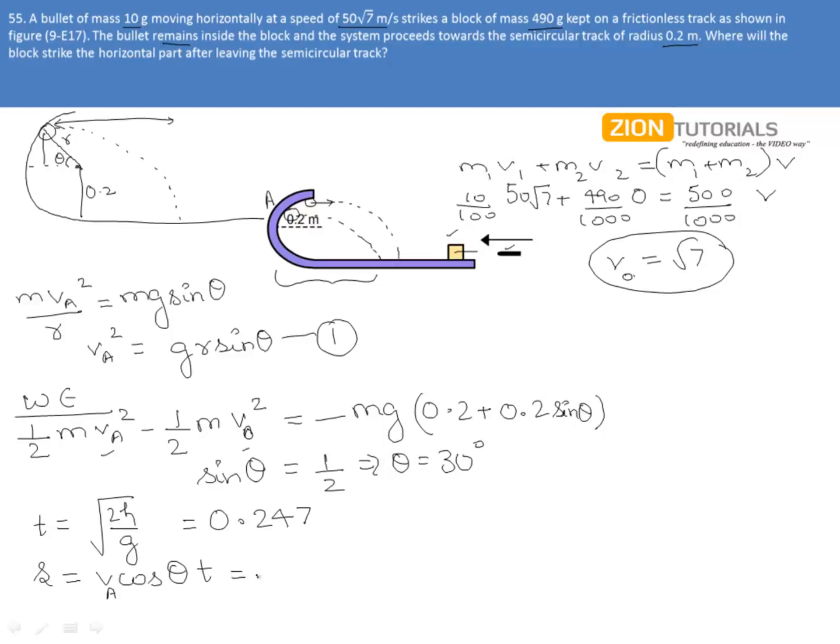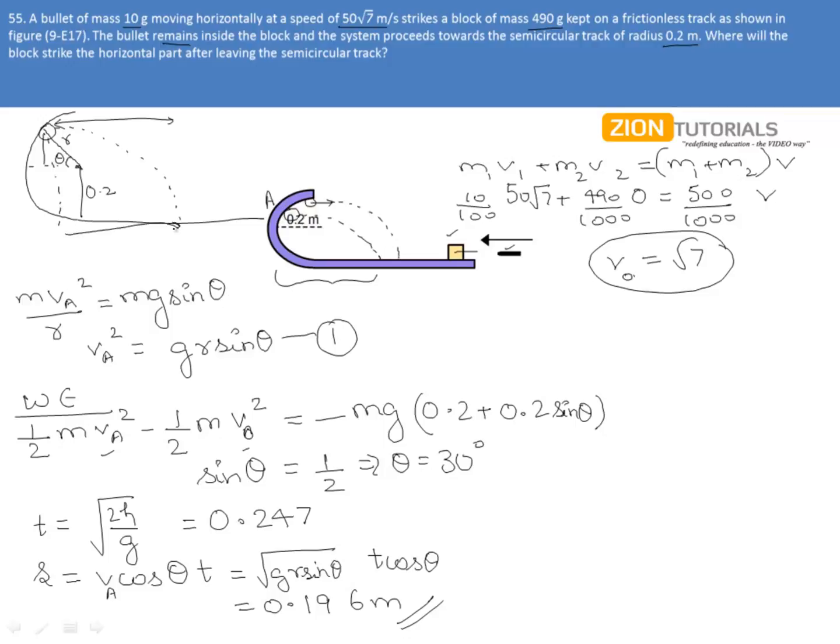So this gives us under root gr sin theta into t cos theta, giving the value of 0.196 meters. Now friends, this is the distance this system covered from this point, that is the projectile range.